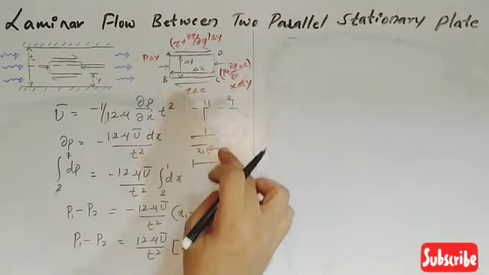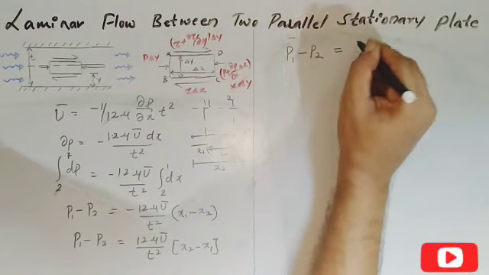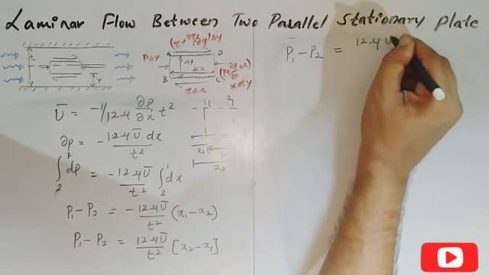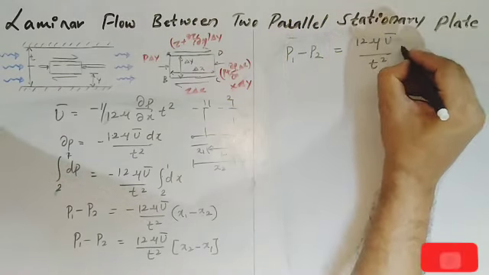As x2 minus x1 is equal to L, I will write here p1 minus p2 equals 12 mu u bar by t square into L. Okay, now this is the equation, but this is not our actual pressure loss.